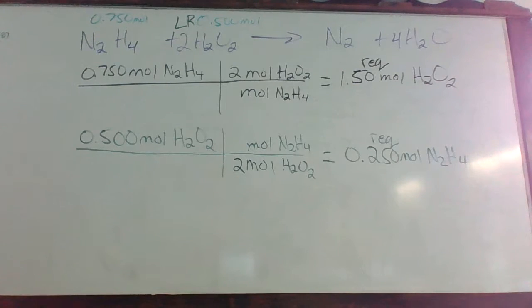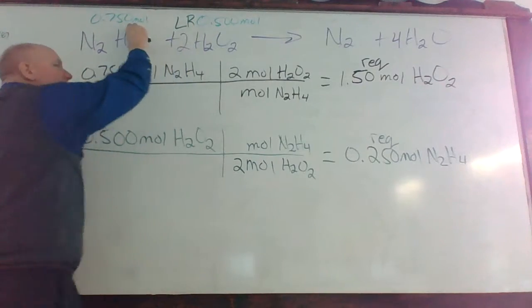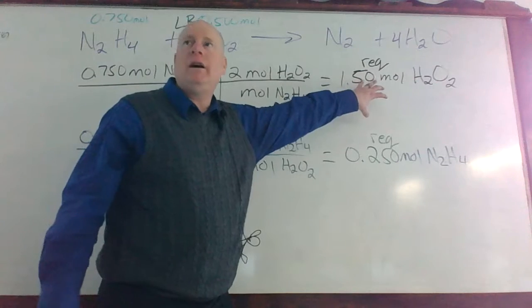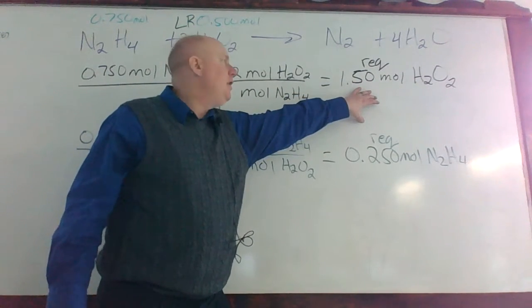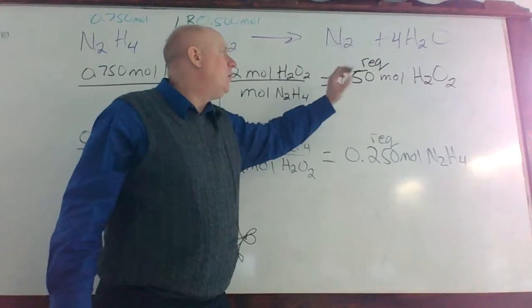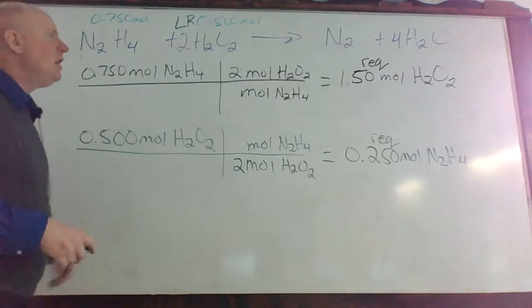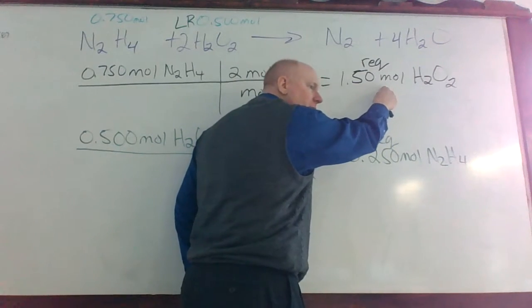Yeah, what happens is, remember, a good idea to write these out is to show you how much you actually have. Because here, you're calculating what you need. So, the last thing you're going to want to do is say, oh, well, since H2O2 is our limiting reactant, well, I've got 1.5 of that. Is that correct?